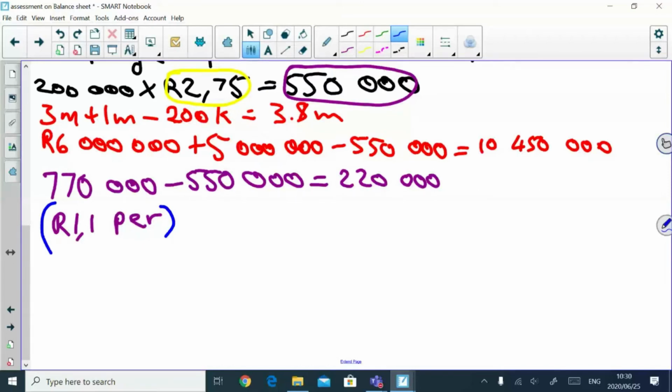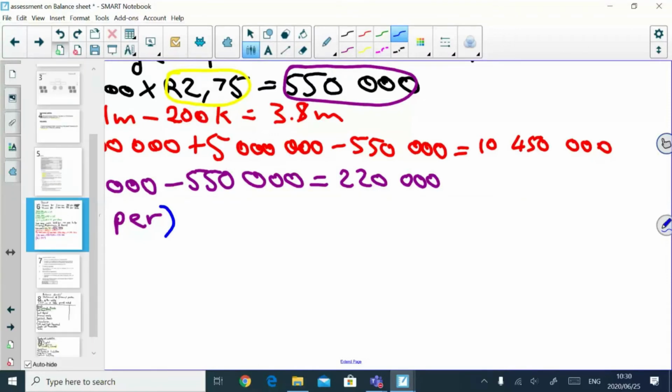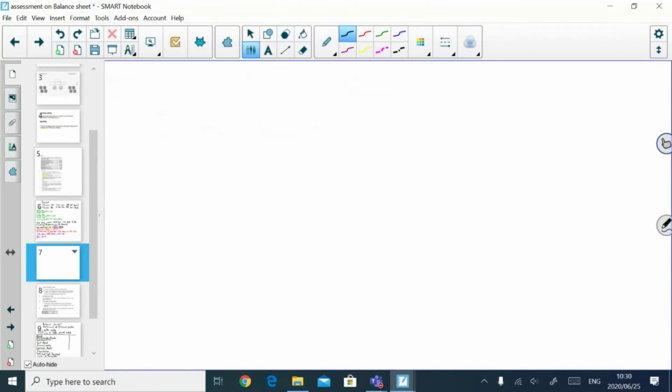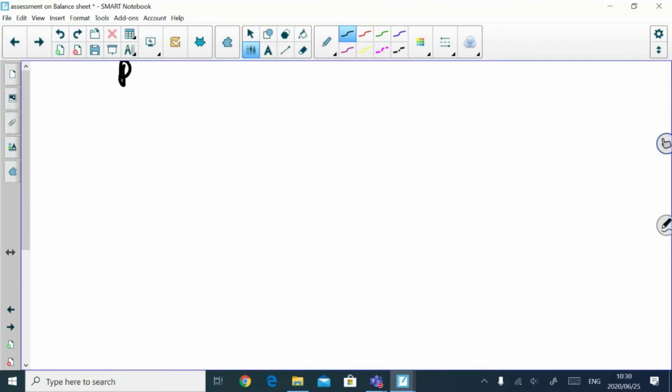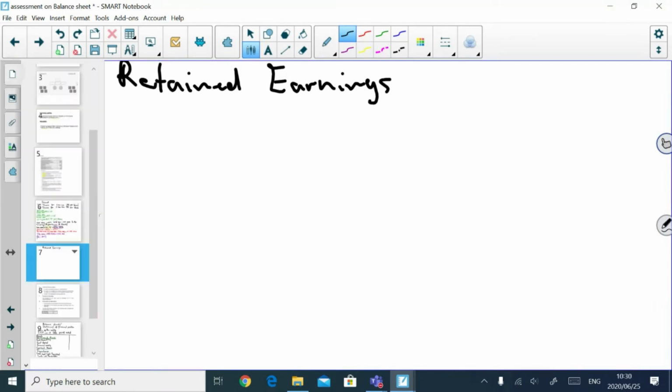And then let's go to our retained earnings quickly. Retained earnings. All right. With the retained earnings, we're given a figure here. I think we're given a figure.